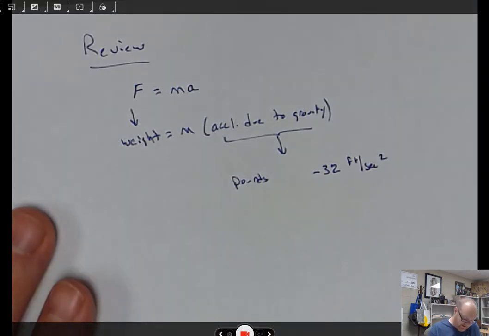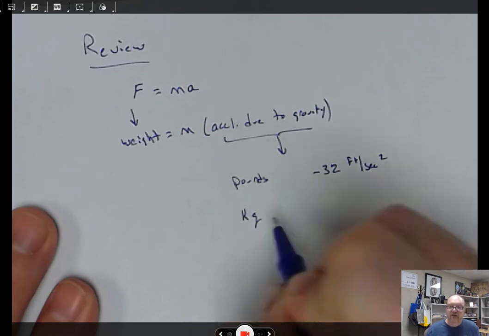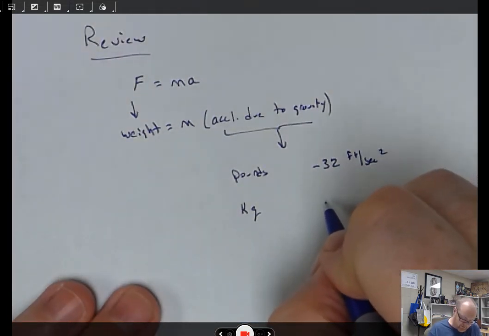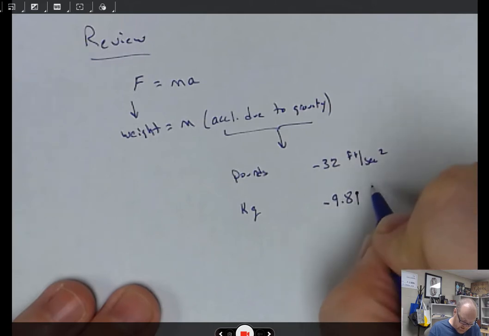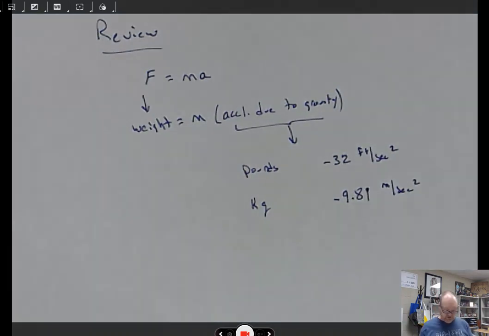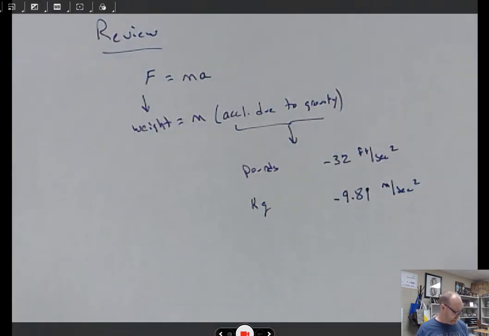Negative 32. If I'm in the metric system, if I'm using, say, kilograms, then my acceleration due to gravity is a negative 9.81 meters per second. So each second that goes by, it speeds up an additional 9.81 meters, or an additional negative 32 feet.